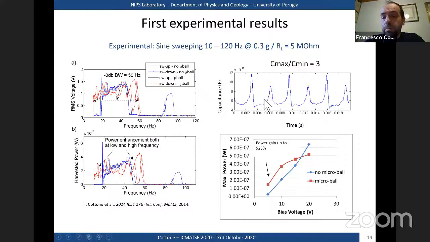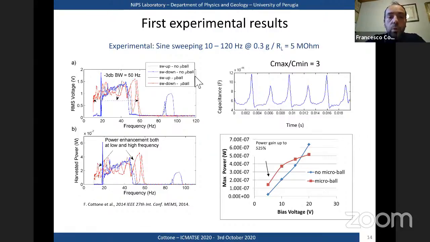So one of the main objectives of a designer of a capacitive vibration energy harvester is to improve as much as possible the variation of the capacitance. And here also the maximum power that is generated by varying the bias voltage with and without the microball.